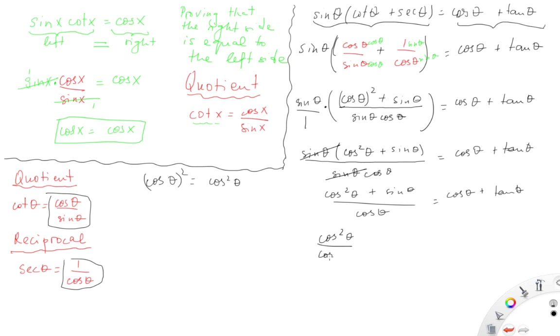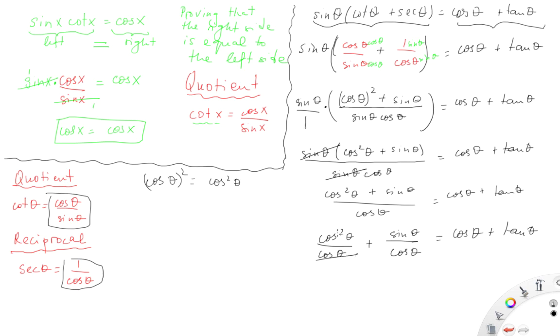I'm gonna write them separately over cosine of theta. If I add fractions, I'm just going to write cosine of theta on the bottom and add the top, but now I do exactly the opposite. I split this expression into 2 fractions, and this is perfectly okay for me to do. I just reverse the process.